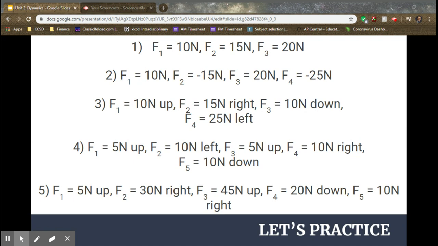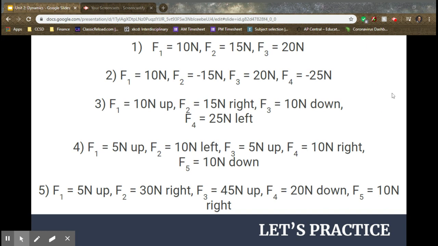Here you have these 5 different practice problems. A bunch of different forces are listed with each one. You have a direction: up, right, left, down, okay? When you're actually doing the math, positive and negative will help you understand. Remember, we tend to treat up as positive and right as positive.